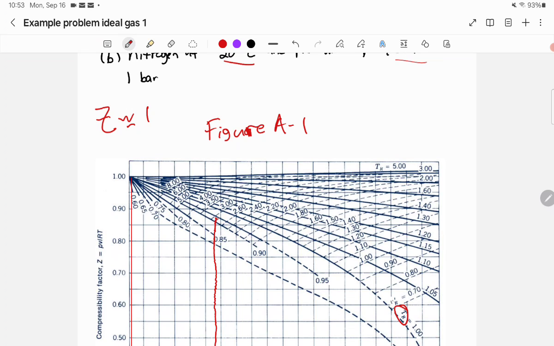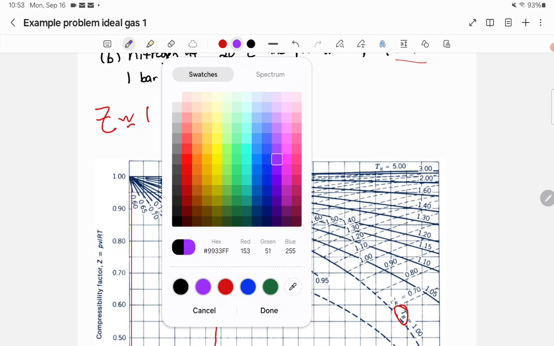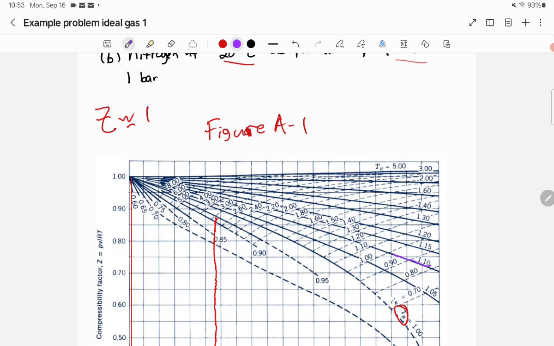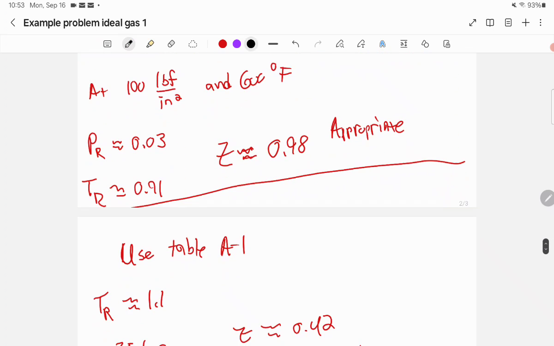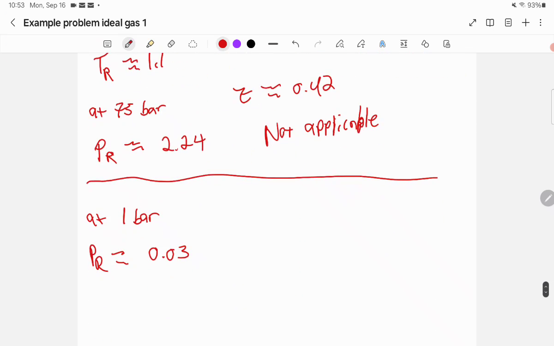In fact, it's way up here. Let me just put it in purple here just so we can see that. So that one I would say is approximately 1, which obviously means it's applicable.